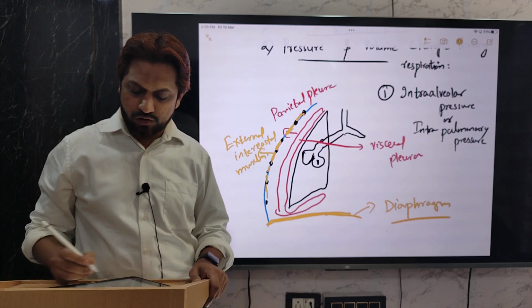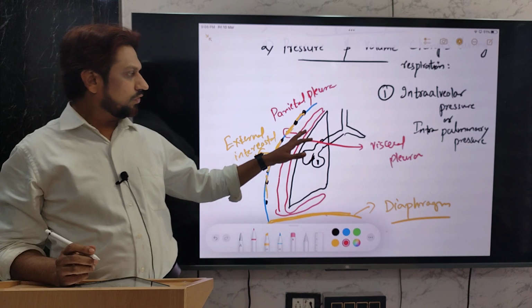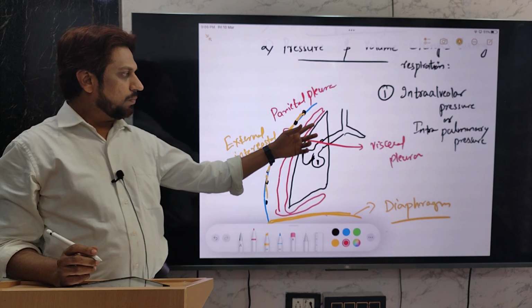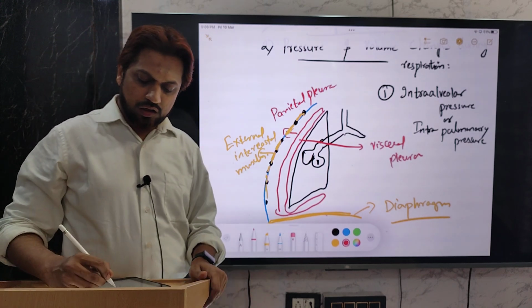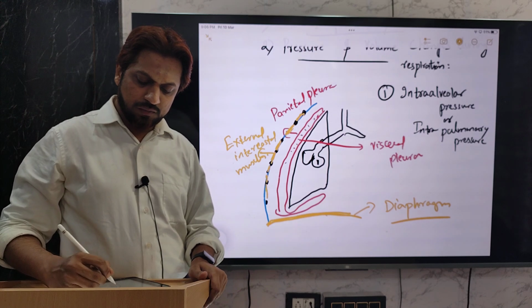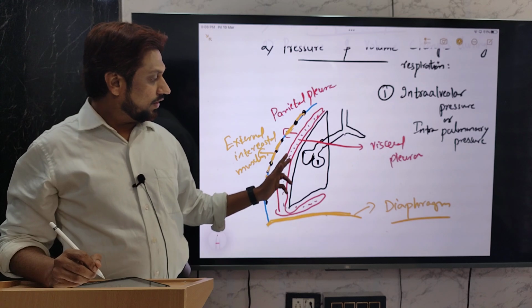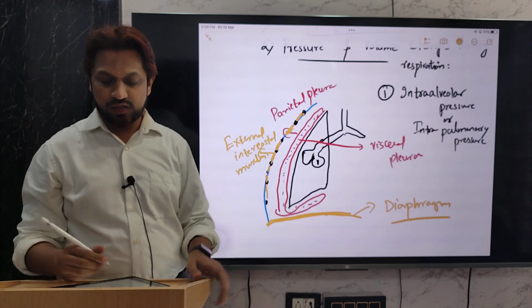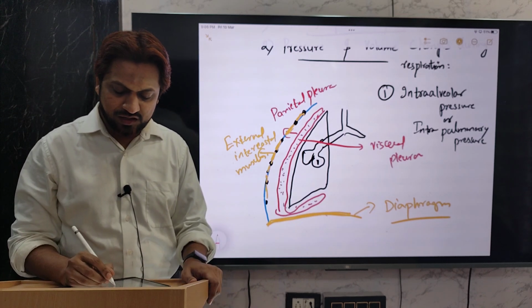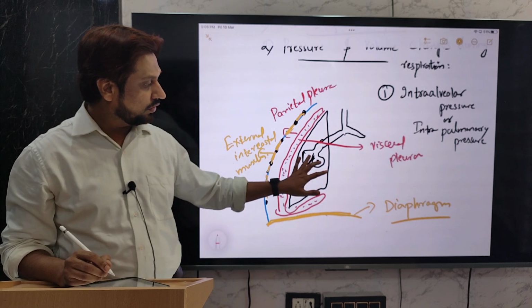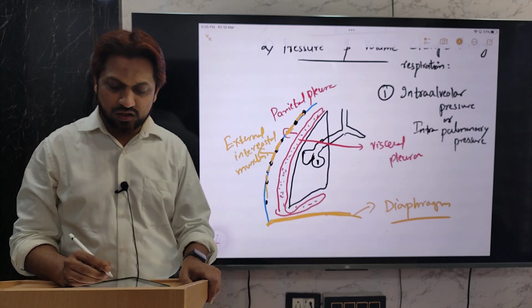Now we'll move on to the second pressure. You know, between the two layers of the pleura there is a pleural space which is filled by a minimal amount of fluid, known as pleural fluid, and there is some pressure present in it. Mainly it is made up of liquid rather than the gaseous substance in the alveoli.